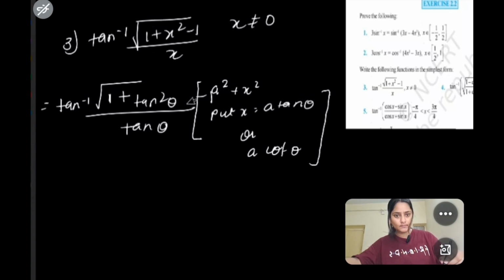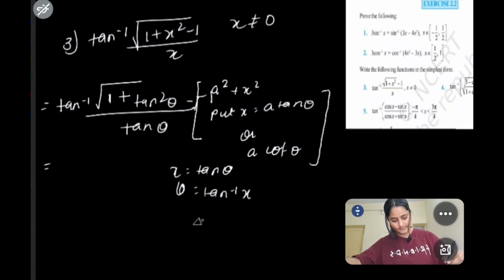Minus of 1. You can check it. And next step, we'll write 1 plus tan square theta. So let x equal tan theta, and theta equals tan inverse of x.